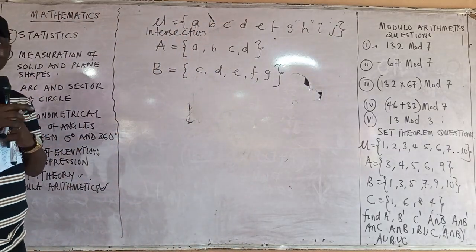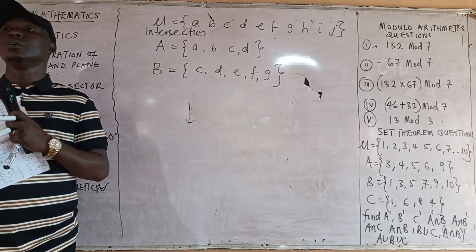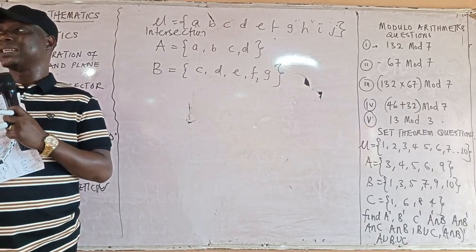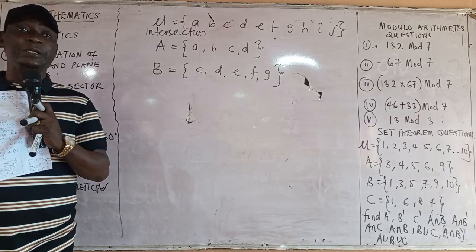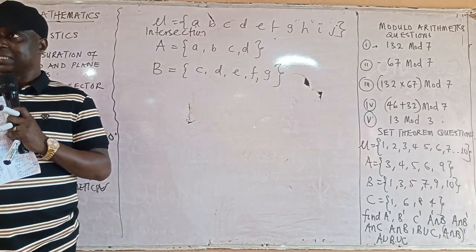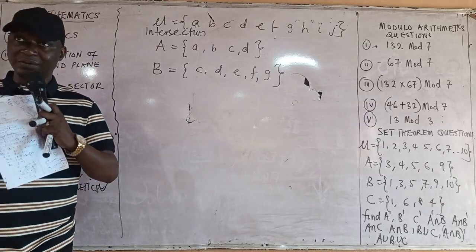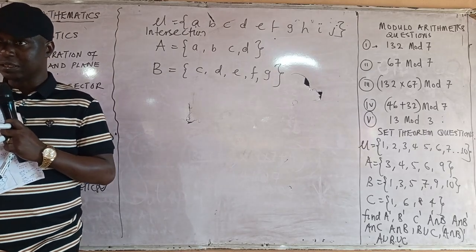Now, the universal set is a superset of all sets. Superset means that the universal set of your family is the father, or the father and the mother, but in reality you say it's the father because he's the one taking care of responsibility.